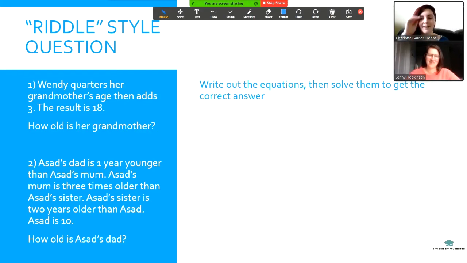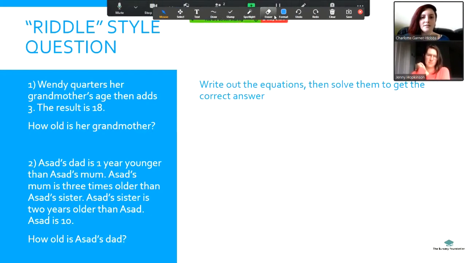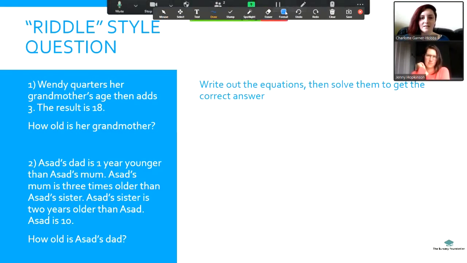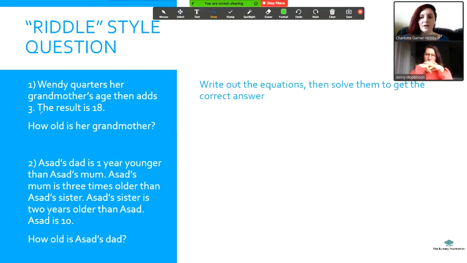So Wendy, for instance, has quartered her grandmother's age and then added 3, and she gets 18 as a result. The first thing I might do with these riddle questions is go through and underline the different stages. So what's she done first? Well, she's quartered her grandmother's age and then she's added 3.